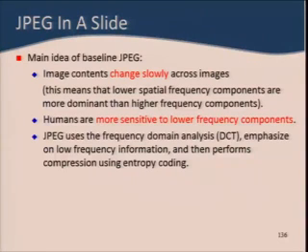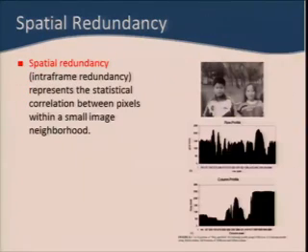For example, if you are talking about cloud, the smooth area. To take this particular example here, if you are talking about shirt or the face, this kind of smooth region, the pixel value tends to change slowly. If the pixel value tends to change slowly, that means it has strong low frequency component.